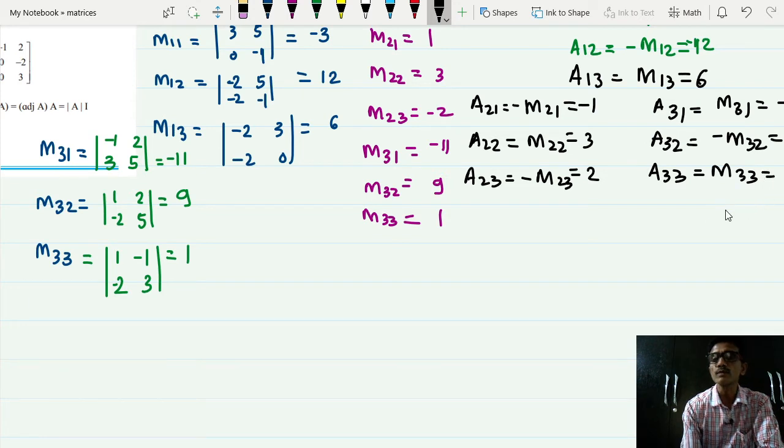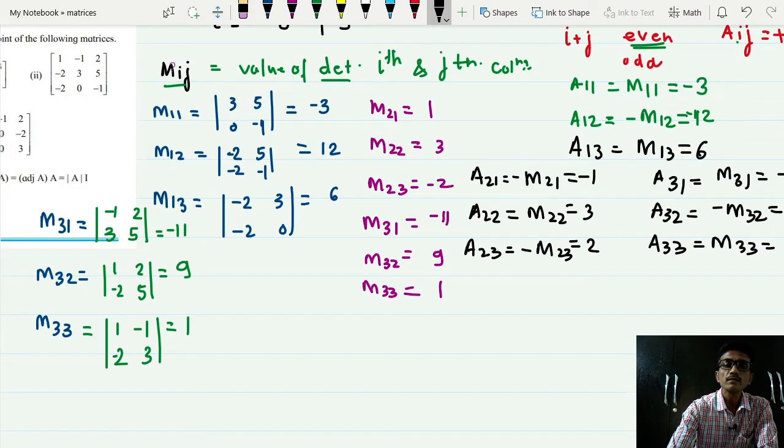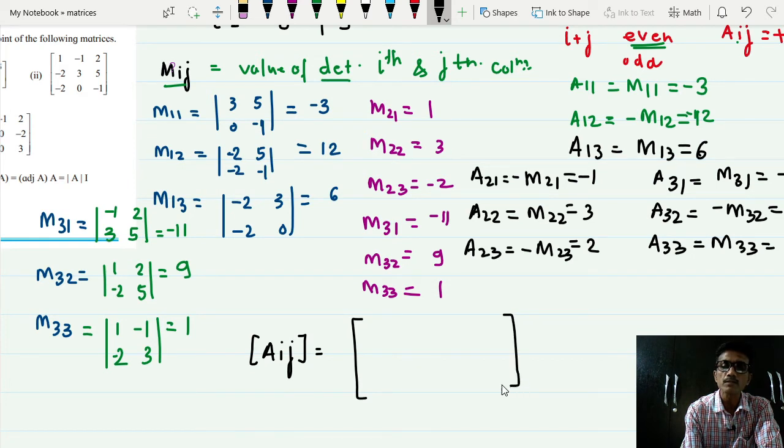So it is 1. So we have got all 9 cofactors. So what is the matrix of cofactors then? Matrix of cofactors Aij is equal to, what is our A11?